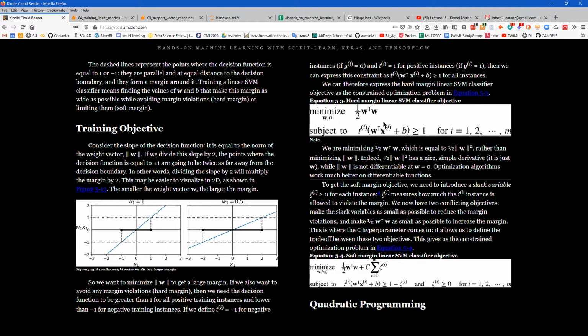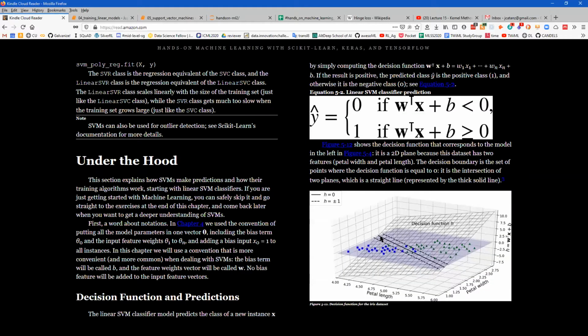In other words, back to this graph, the original problem is cast in terms of this decision boundary. That is, the class is classified 0 if w transpose x plus b is less than 0, and 1 if w transpose x plus b is greater than 0. That's this solid black line.